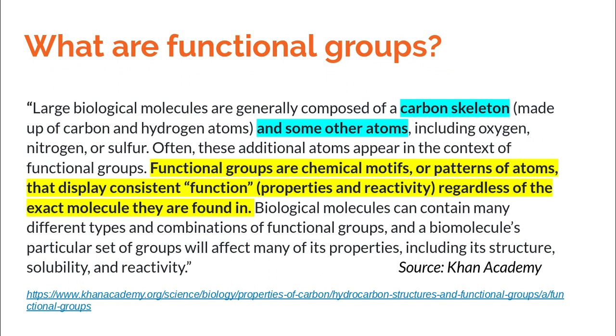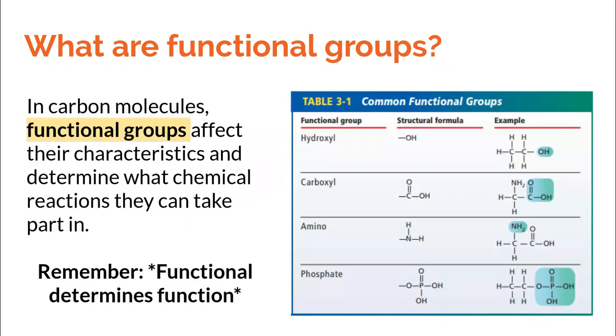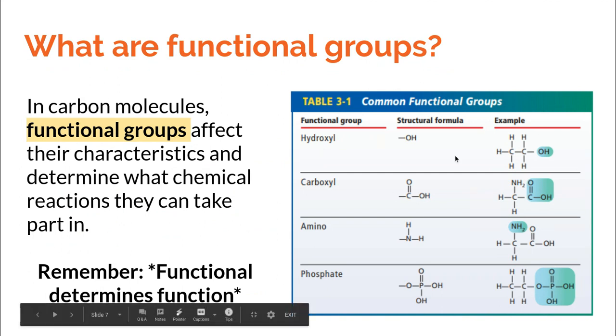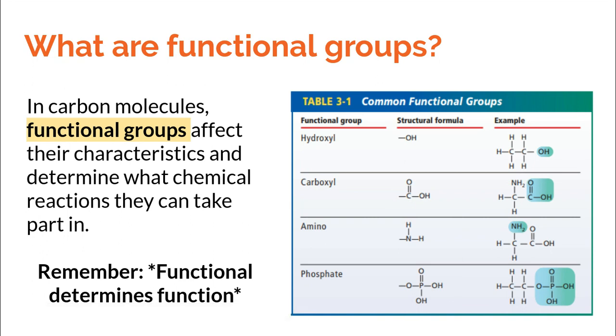Let's take a step back and translate what that means. So in carbon molecules, again, there are a lot of different functional groups that we can connect onto our carbon backbone.